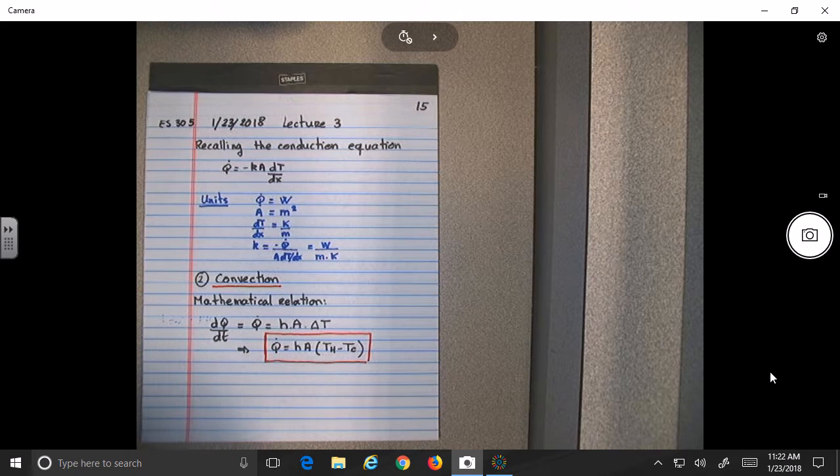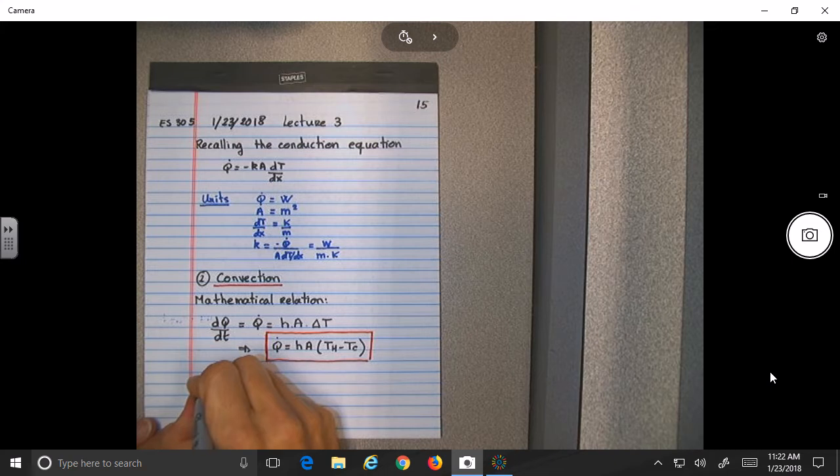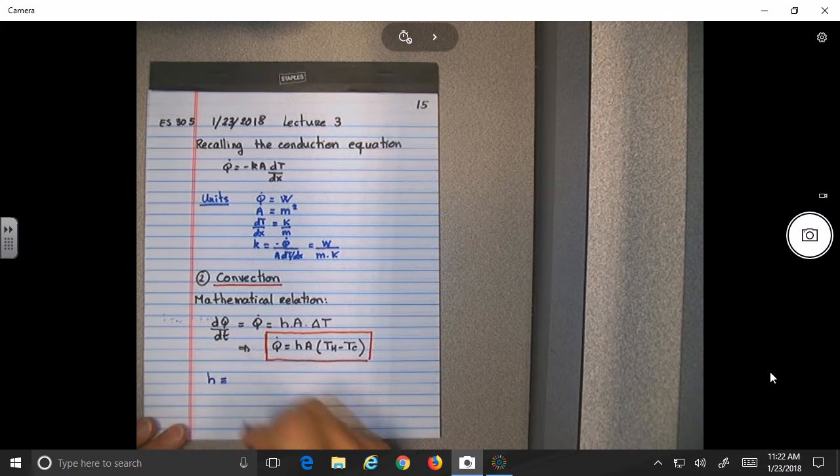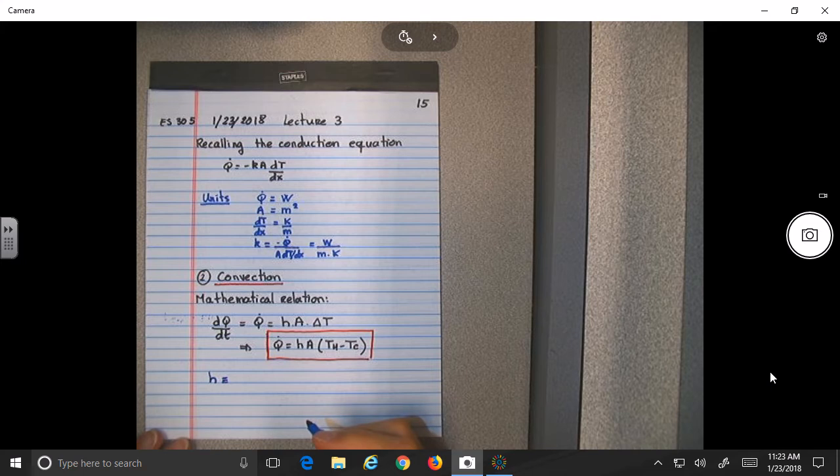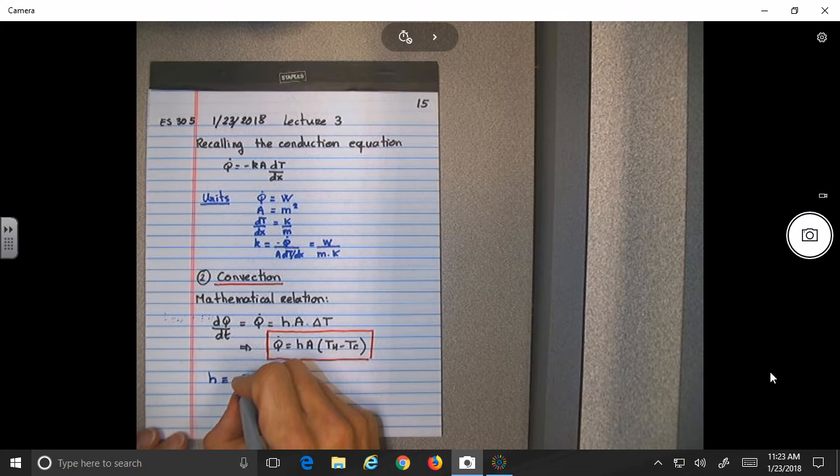Okay, so again, we can follow the same format as I did for the other one. Yeah. So what would be H over here? The other one was called the conduction coefficient. This one will be called the convection coefficient.